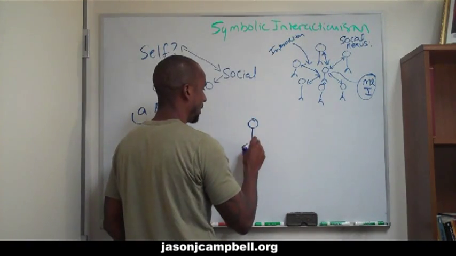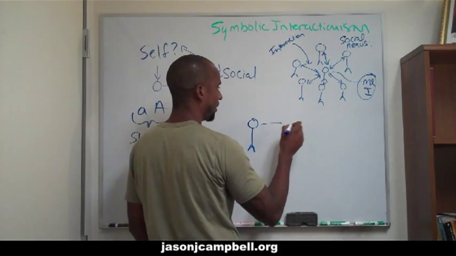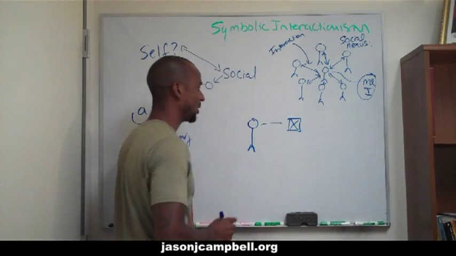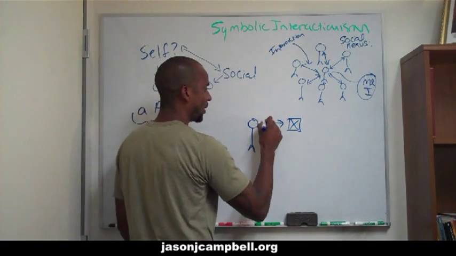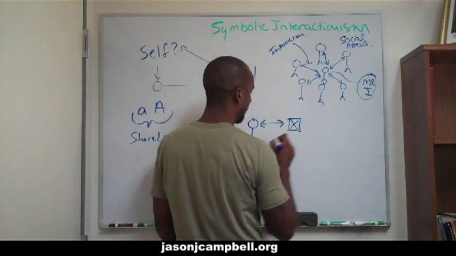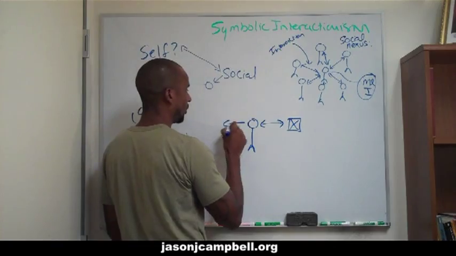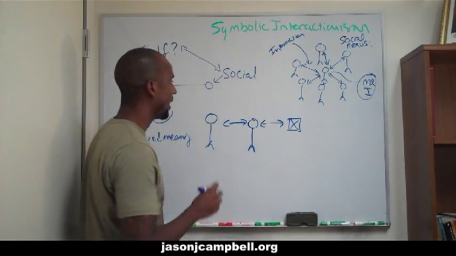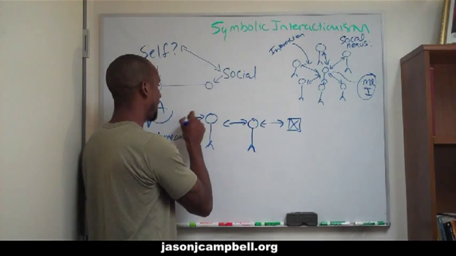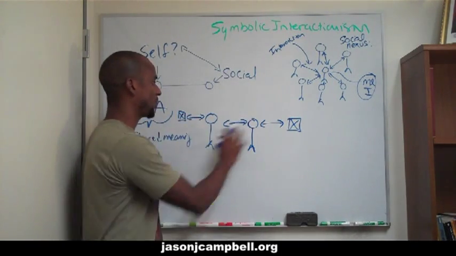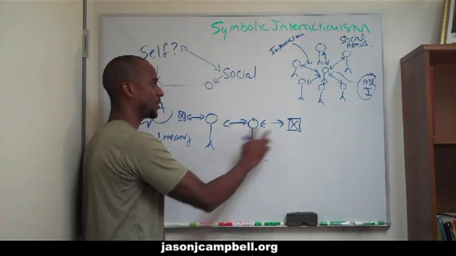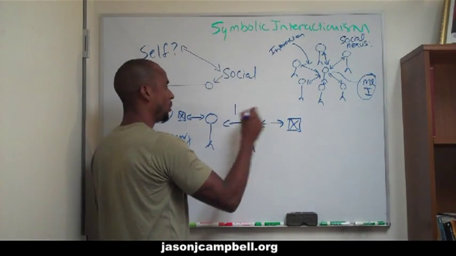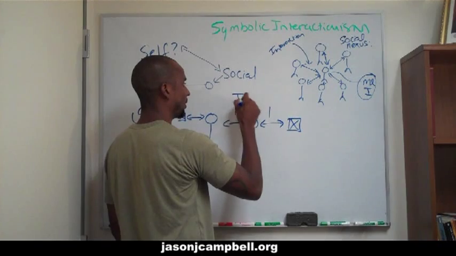We interact as human beings with symbols, and let me just put a symbol. That'll be our symbol. Human beings interact with symbols, and human beings also interact with, obviously, other human beings, right? So I interact with human beings, and I interact with symbols. This is the nature of our relationship, our interaction with symbols, our interaction with human beings.